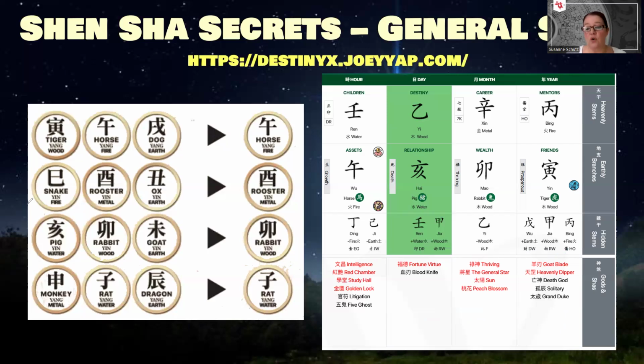All right. So this is the meaning of the general star, and this is the calculation, how you get to it and how you can actually make use of it. So it's a star that is very useful, but it does come with certain prerequisites or preconditions that you need to actually fulfill in order to make use of it.